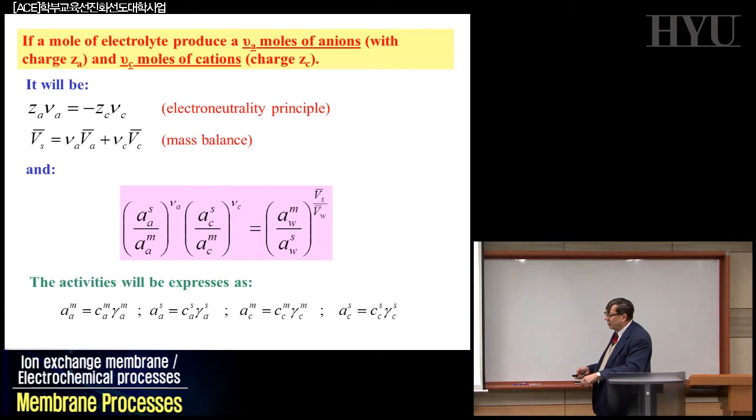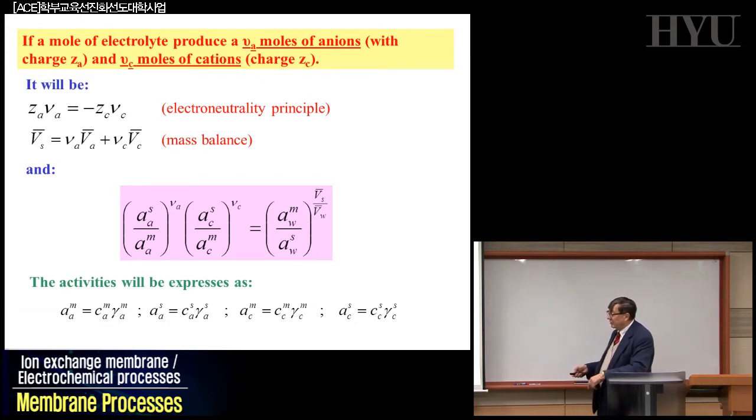The concentration is related to the activity through this term. If the solution is ideal, meaning relatively low concentration, you can have this gamma equal to 1. In other cases, when you increase the concentration, you can have deviation from 1, and this can be 0.9, 0.8, 0.7, and this activity coefficient just gives you an idea of the deviation from ideality.